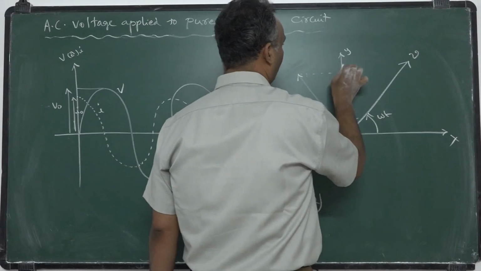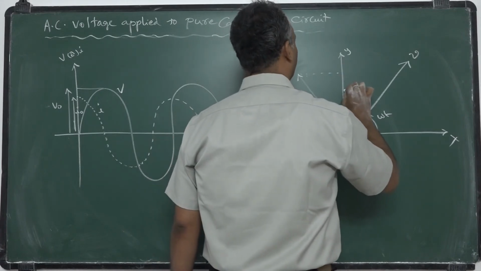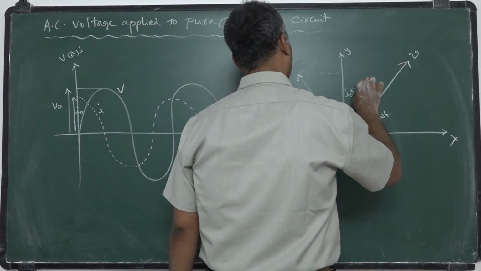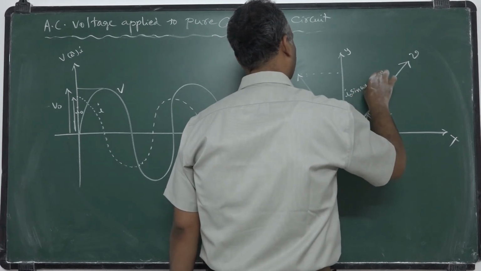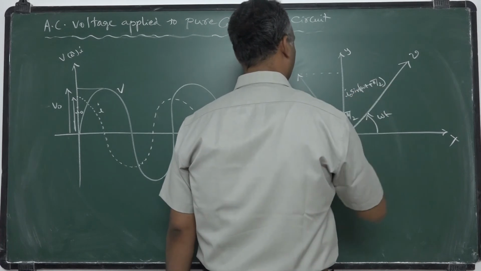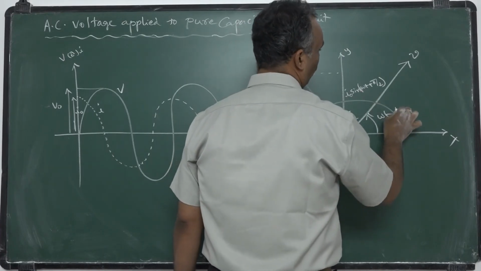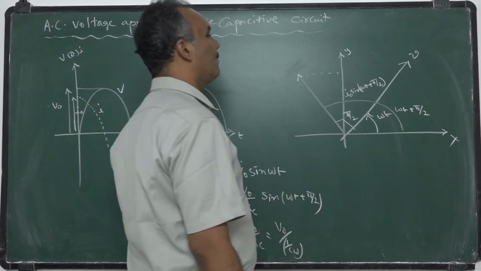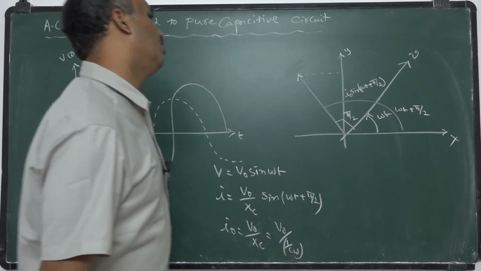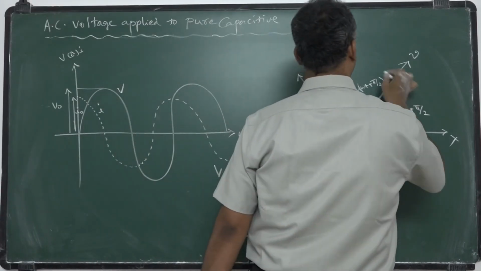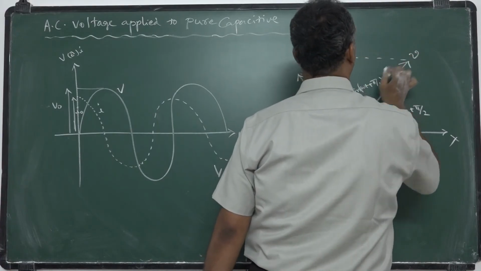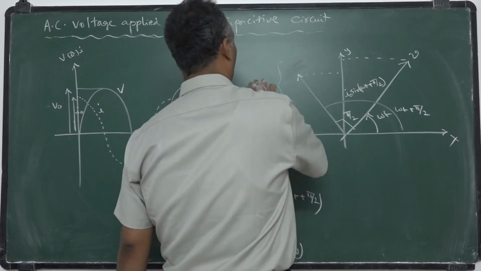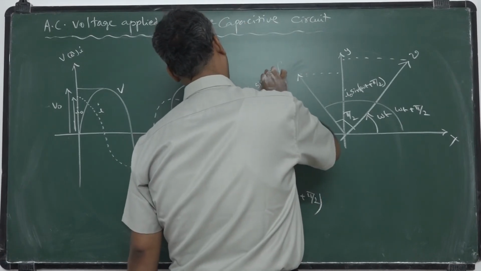If you take the y component, you will get I naught sin omega t plus pi by 2, because the phase of the current is omega t plus pi by 2, and the y component of the voltage phasor is V naught sin omega t.